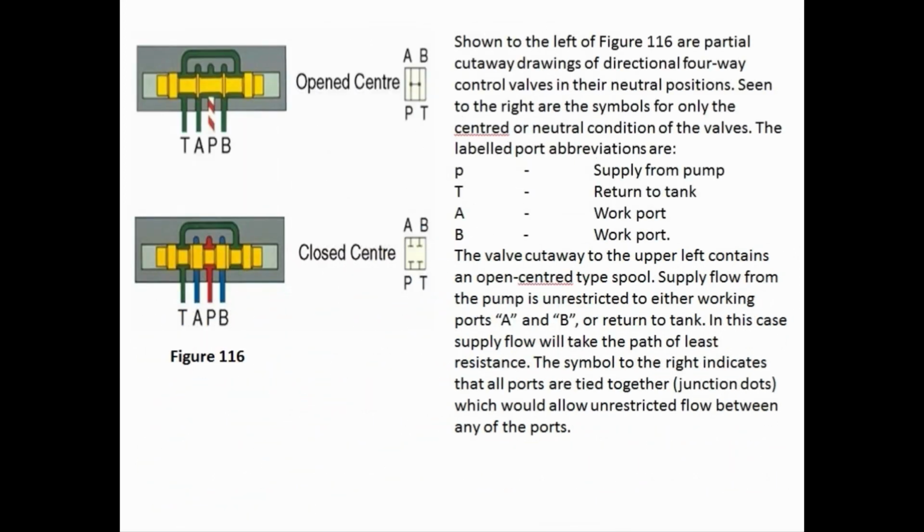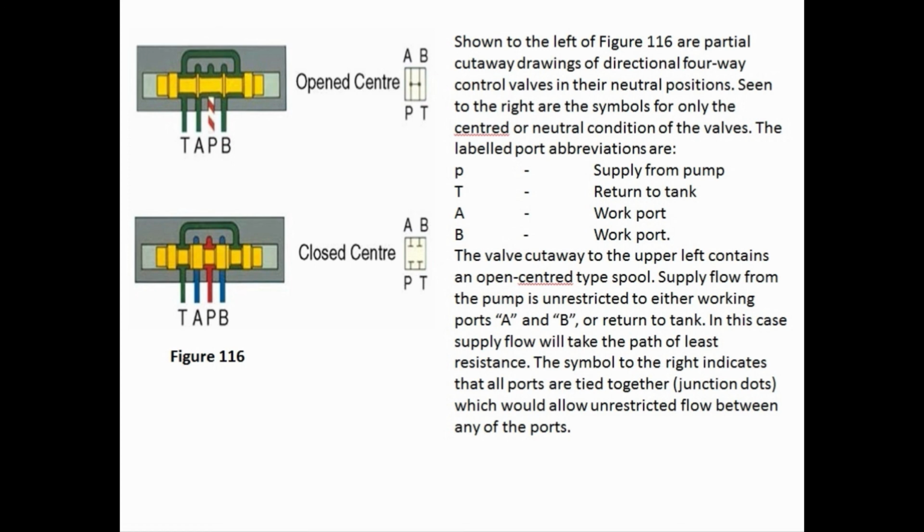Shown to the left of figure 116 are partial cutaway drawings of directional four-way control valves in their neutral positions. Seen to the right are the symbols for only the centered or neutral condition of the valves. The labeled port abbreviations are P, supply from pump; T, return to tank; A, work port; B, work port.